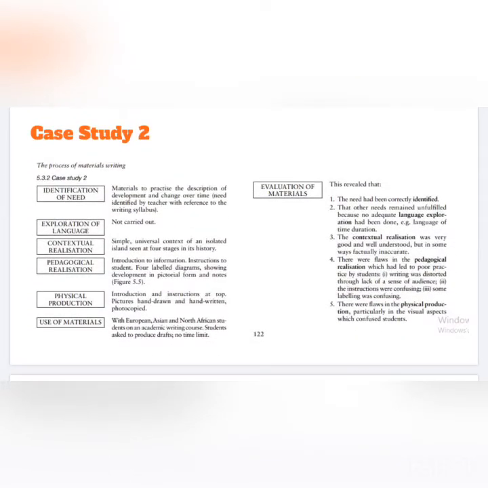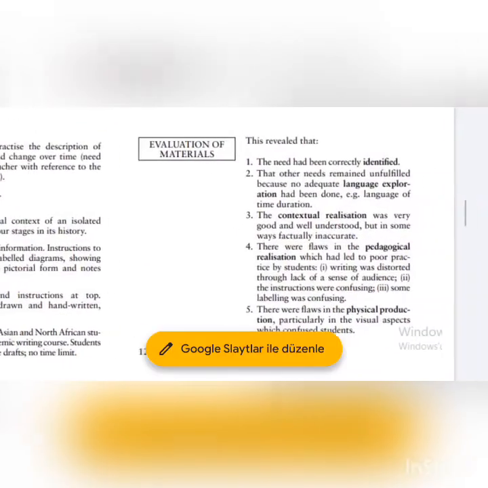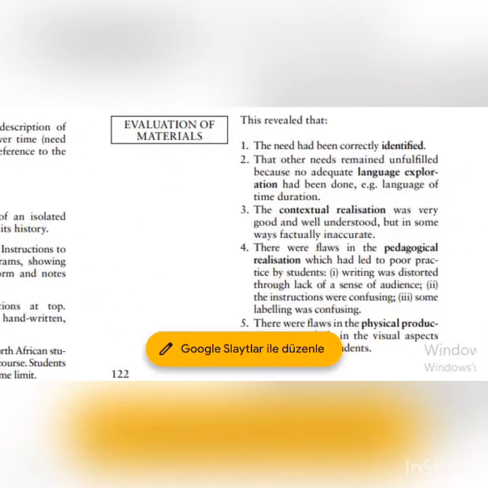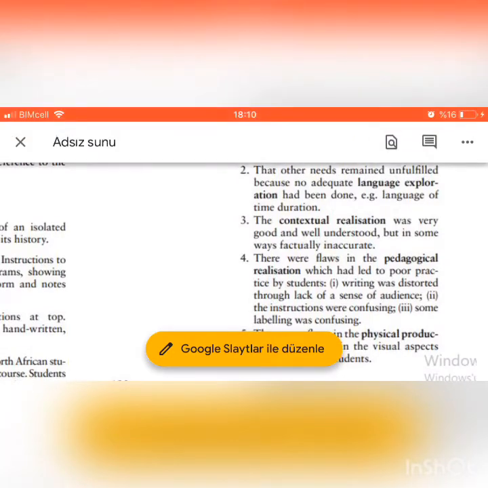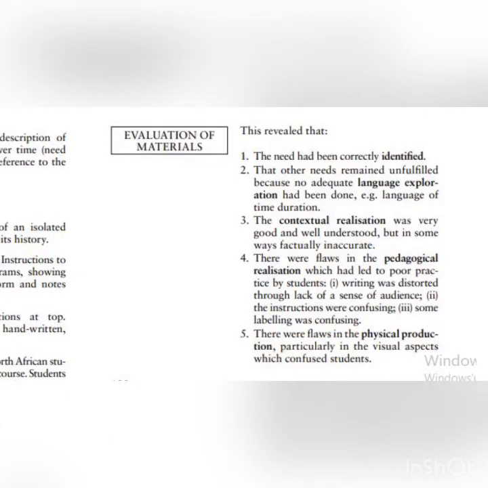It is revealed that the need had been correctly identified in this material. And according to the second evaluation of this material, the other needs remained unfulfilled because no adequate language exploration had been done. For example, language of time duration.